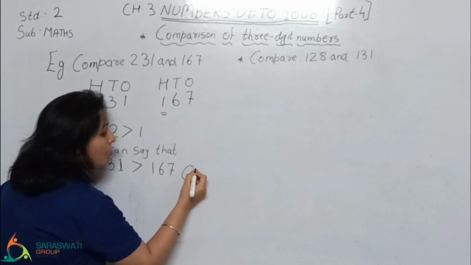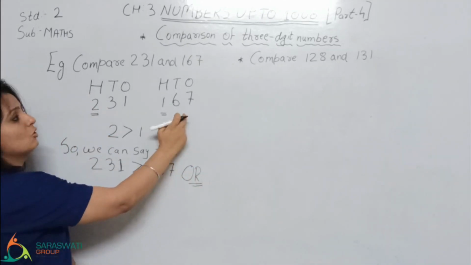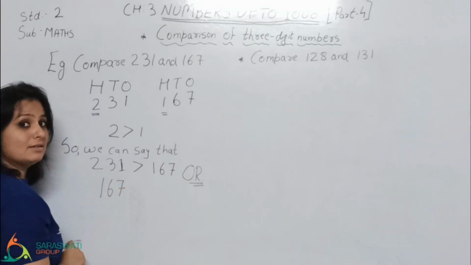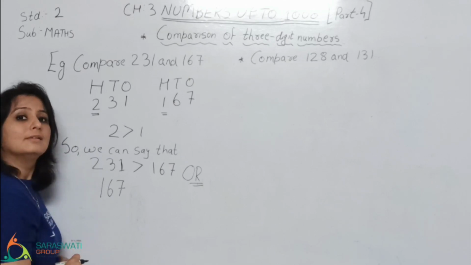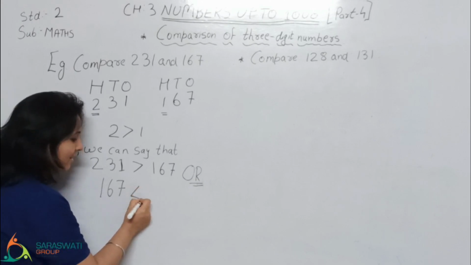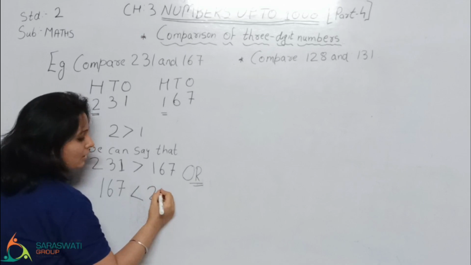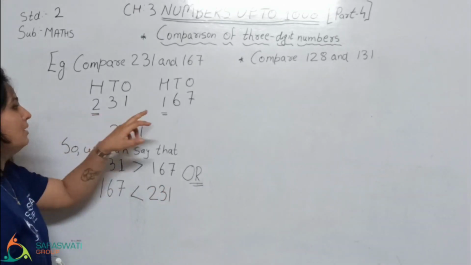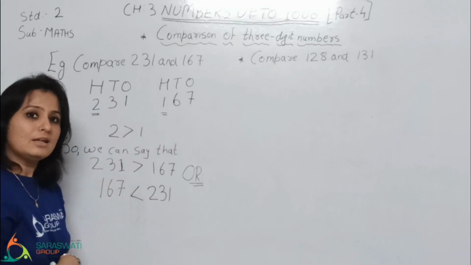और ये भी ऑप्शन है हमारे पास, या ये कह सकते हैं कि 167, ये जो नंबर है 167 is what? Greater than? No. Equals to? No. Then less than 231. दोनों चीजें सही है. या ये नंबर इससे बड़ा है, ऐसा कह सकते हैं, या ये नंबर इससे छोटा है, ये कह सकते हैं.